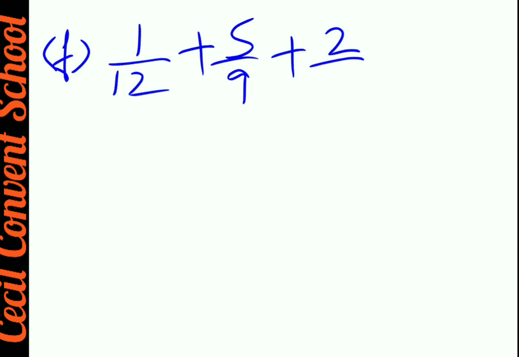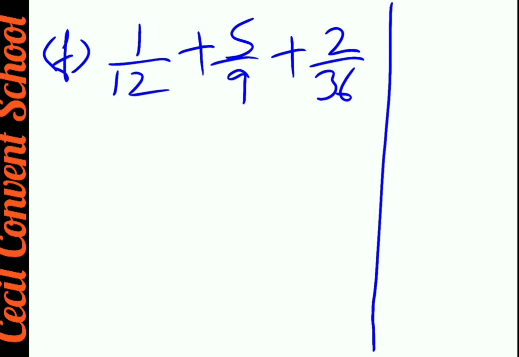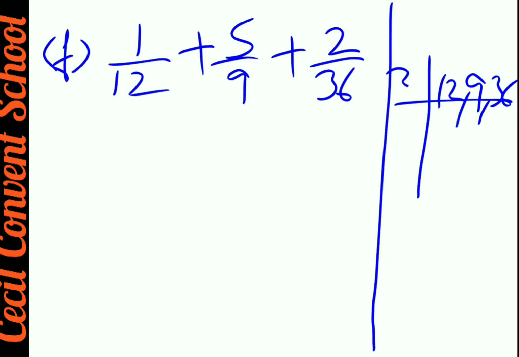1 upon 12 plus 5 upon 9 plus 2 upon 36. Clear? Now we have to find the LCM on this side. 12, 9 and 36. Firstly see, 12, 9 and 36 come in which table? We take the table of 3.